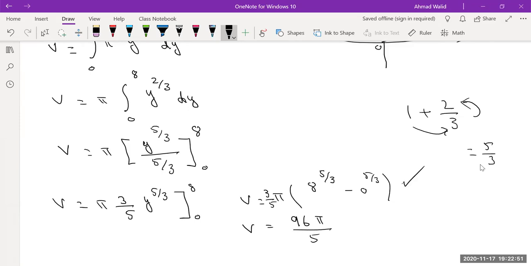Please continue here. 2 more steps, you will end up with this answer, correct? This was all about finding the volume of a solid if you rotate a function about the x-axis or y-axis.